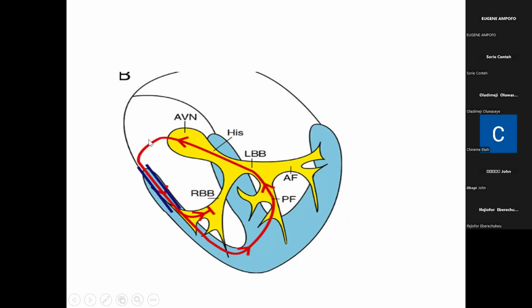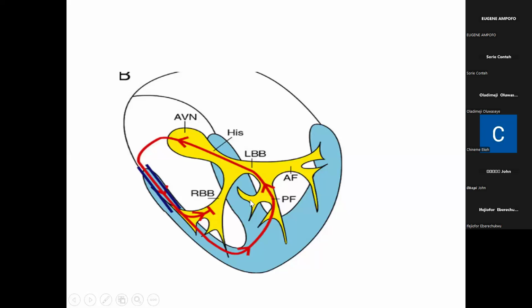But the typical one can be on the free wall of the right atrium conducting to the right ventricle, or it can be in the free wall of the left atrium conducting to the left ventricle. So that is AVRT.